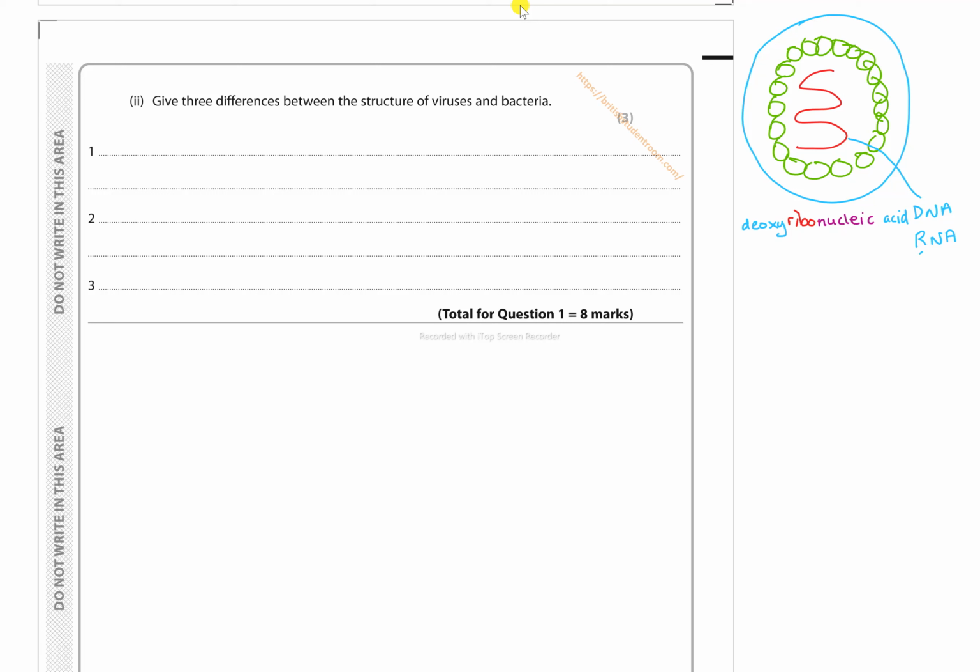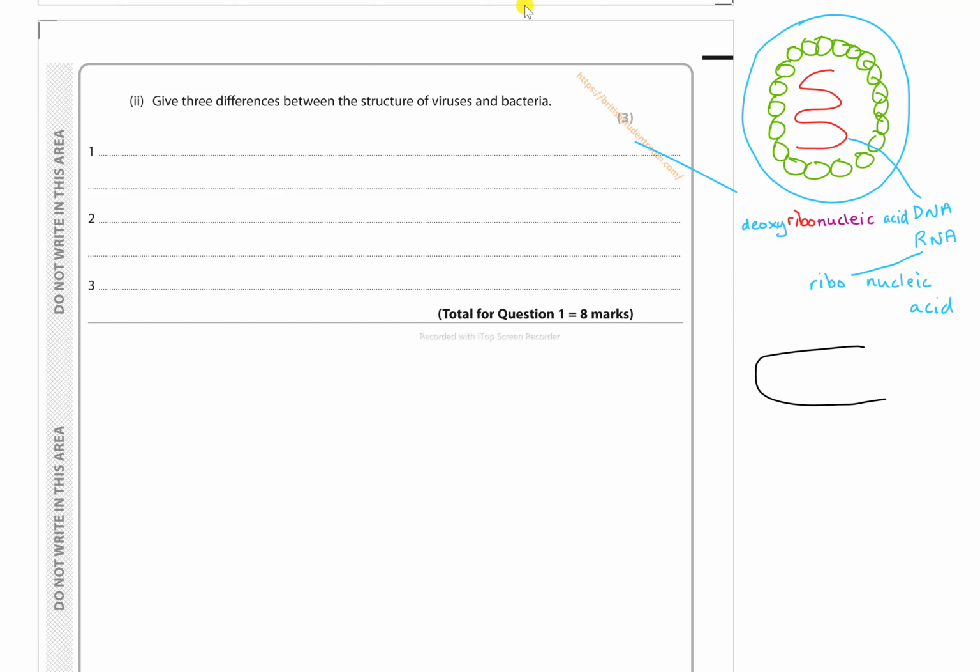And this is just simply ribonucleic acid. Nucleic acid. There you go.